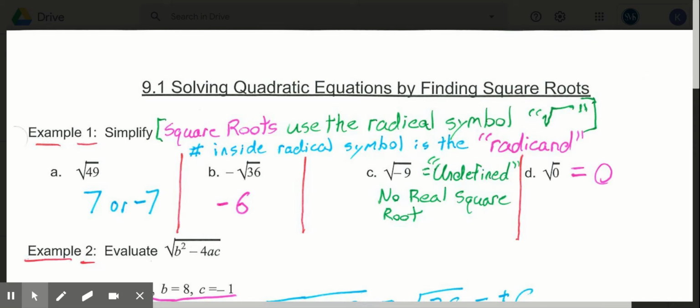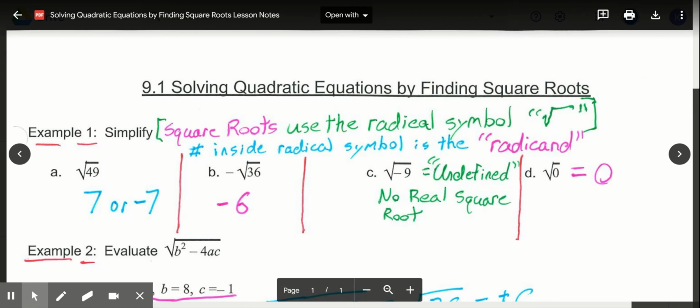You can't have the square root of a negative because a number times itself will never be a negative value. And then in D, a simple mathematical rule: the square root of 0 is always 0. Zero is neither positive nor negative, so we don't put a sign by it. The square root of 0 is just 0.